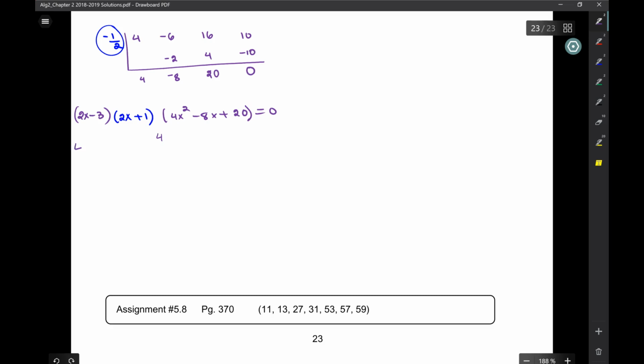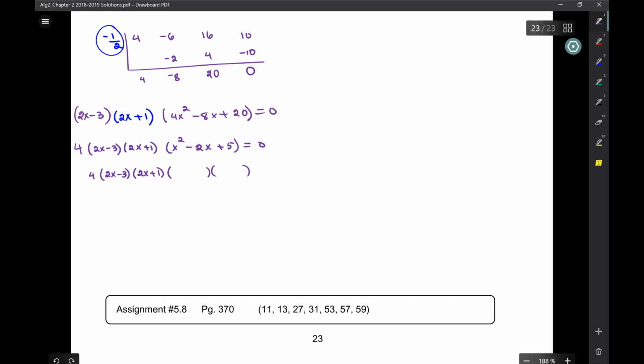I could write it at the very beginning of the problem, because everything's being multiplied by each other. So I can put it over there. And I get x squared minus 2x plus 5 equal to 0. And so I have 4, 2x minus 3, 2x plus 1.